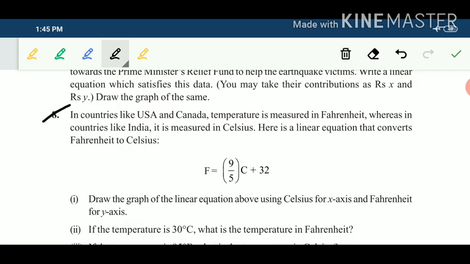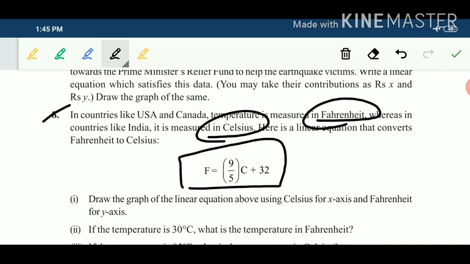Question number 8. In countries USA and Canada, temperature is measured in Fahrenheit, whereas in India it is measured in Celsius. So for this, a linear equation is given: Fahrenheit is equals to 9 by 5th part of the Celsius plus 32. So the equation is already given.